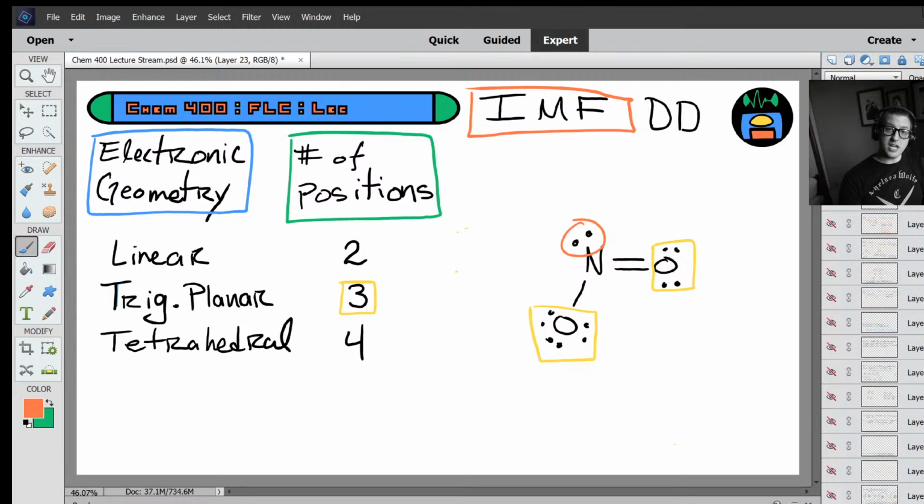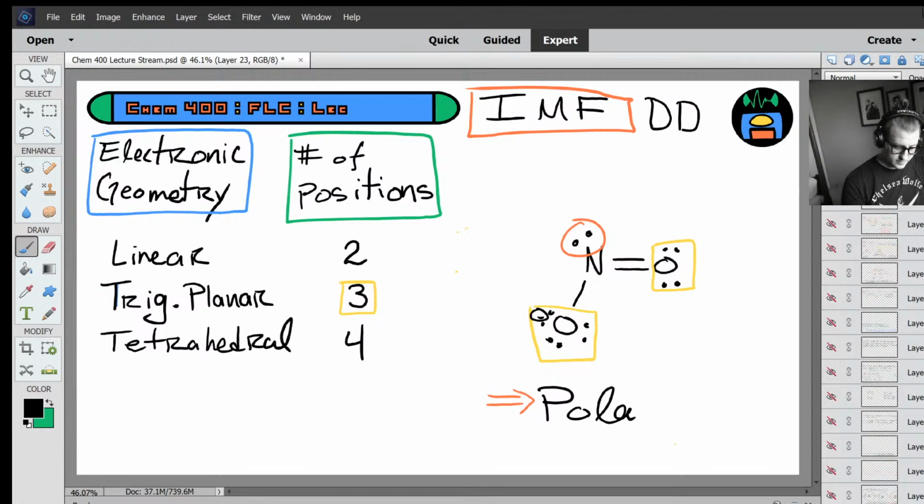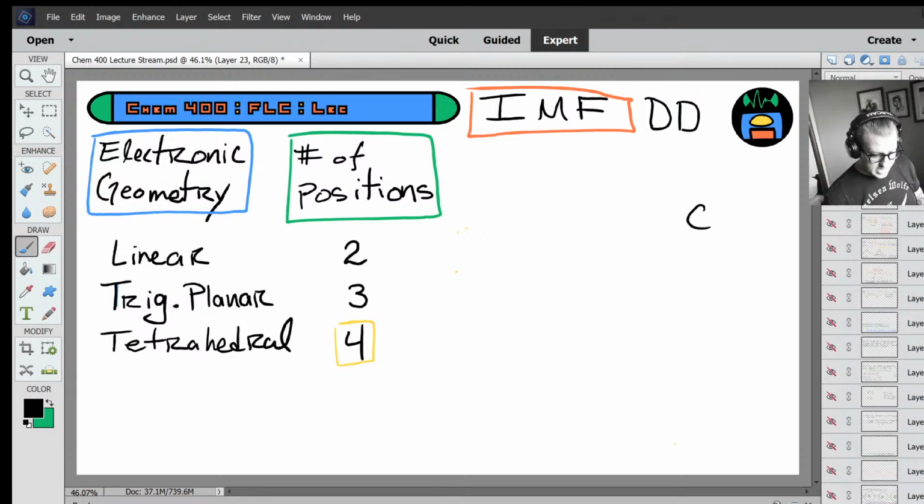The 3rd position is occupied by a lone pair. For your dipoles to cancel, you need oxygens on all 3 positions, and here we only have oxygens on 2. So because we do not have oxygens in all 3 positions, this molecule will be polar. Totally. Okay, let's take a look now at a couple tetrahedrons.